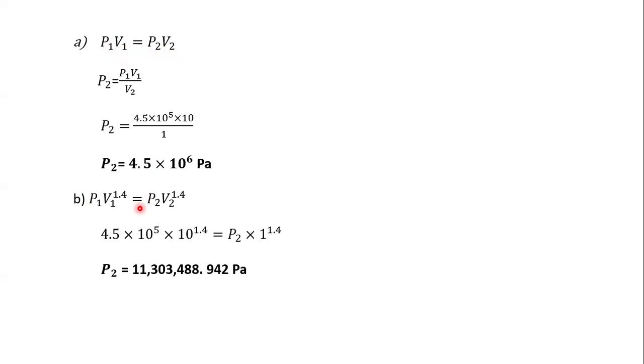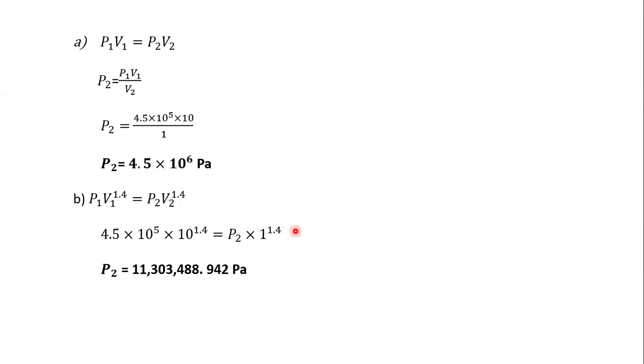This time around, I decided to just do the substitution. In place of P1, I still have 4.5 by 10 power 5. V1 is 10. This time it's being raised to power 1.4. Then P2 multiplied by 1, this 1 is being raised to power 1.4. 1 is a stubborn number. Whatever value you give it, you always come back to 1, whether you give it 0, 1 million, name it.